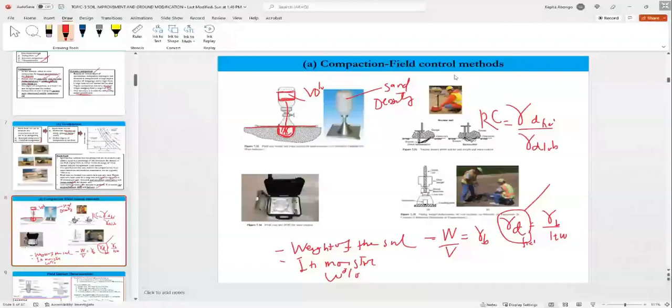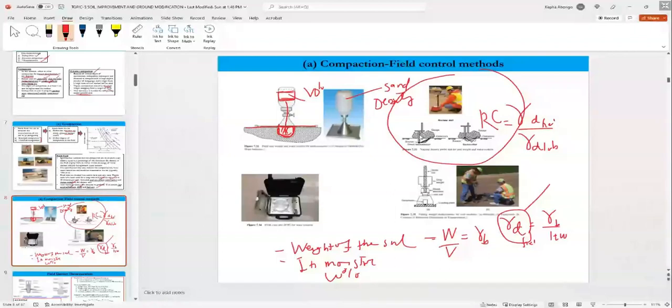For the nuclear density method, we dig a hole, okay? And then the nuclear density gauge has a rod that goes in and measures. The nuclear density gauge uses two main sources. One source is cesium 137, and the other one is an americium, I think 200 and something.